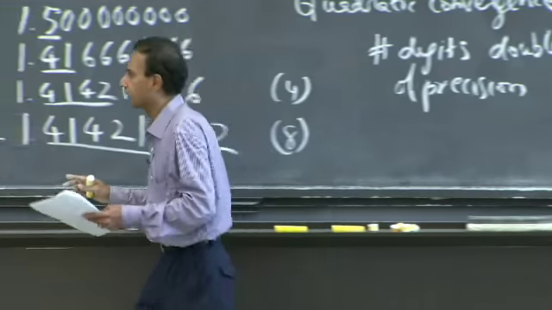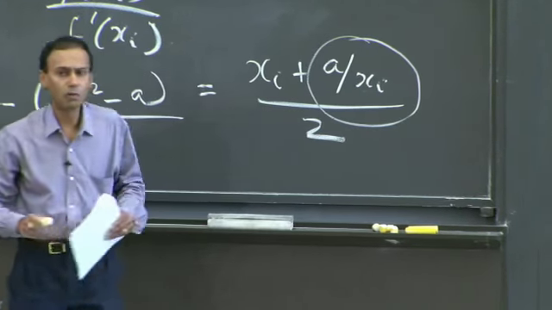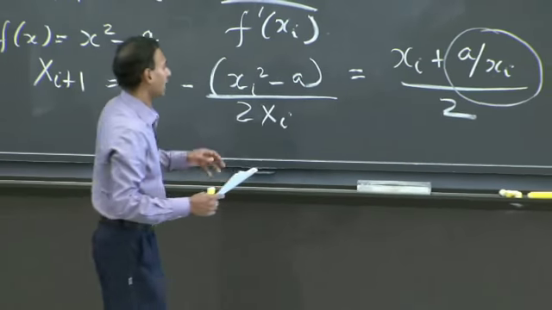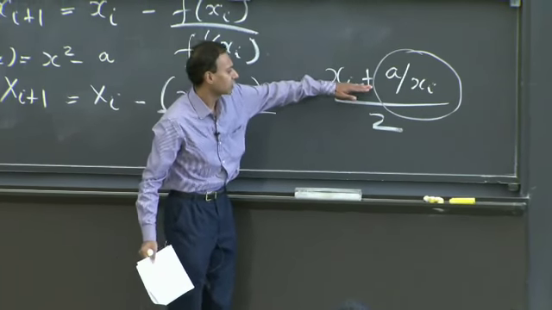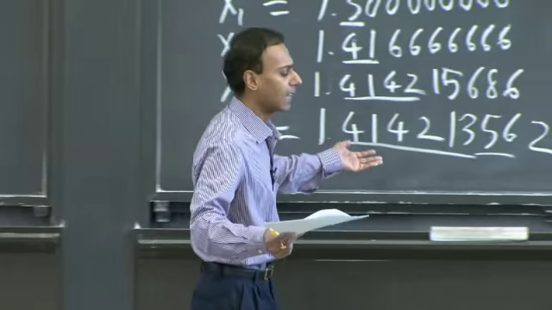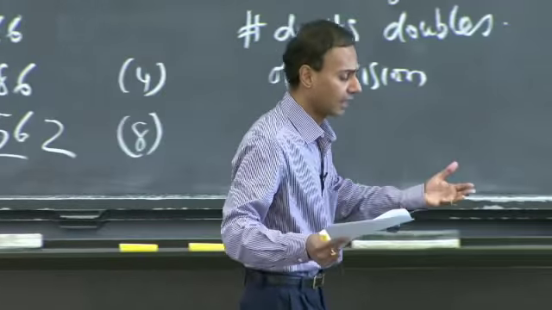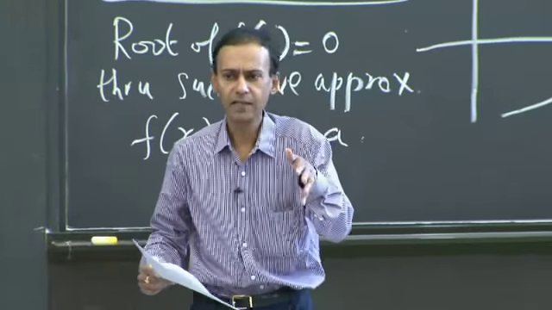You haven't quite been told how we're going to compute the most important thing here with respect to a divided by xi. Right? So this is just additions. You can imagine that if you have long numbers, you'd end up doing addition fairly straightforwardly, because you only have to worry about one carry, right?